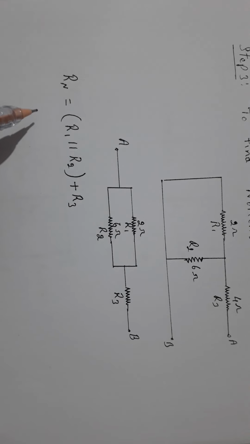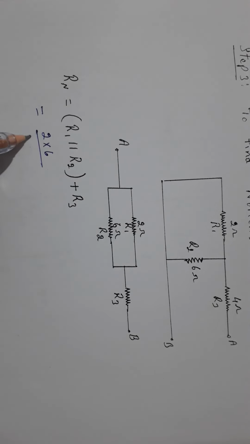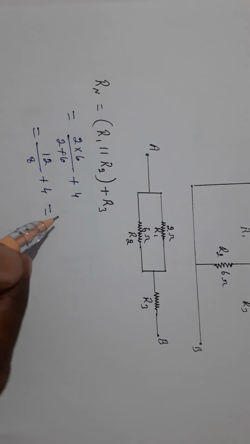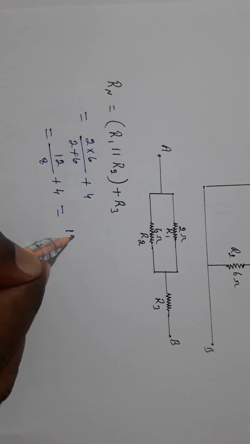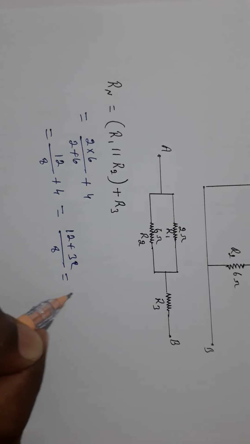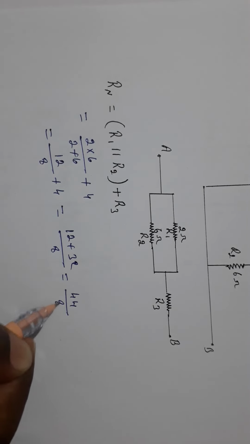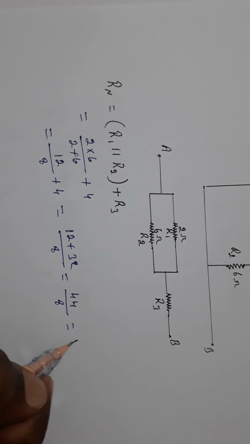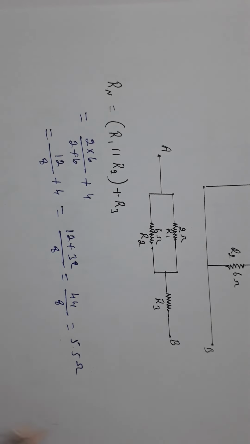Therefore, 2 into 6 divided by 2 plus 6, plus 4, that equals 12 divided by 8 plus 4, that equals 12 plus 32 divided by 8, that equals 44 divided by 8, that equals 5.5 ohm.